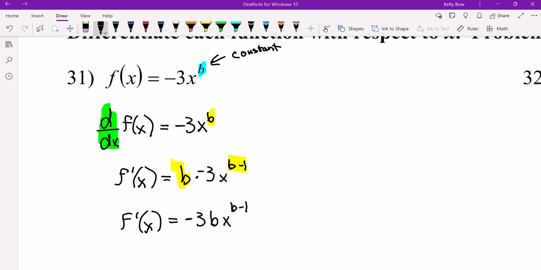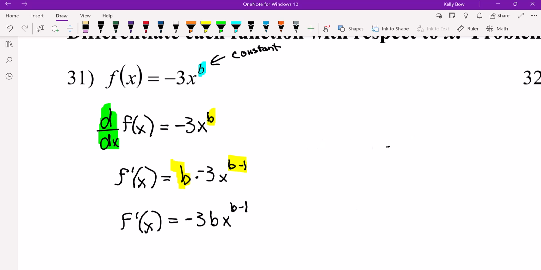Now we don't know if b is positive or negative. If we knew that b was a negative number, then we would rewrite that as negative 3b over x to the b minus 1, like that. But we're not told if b is negative or positive.